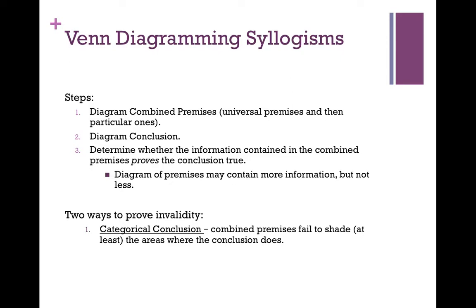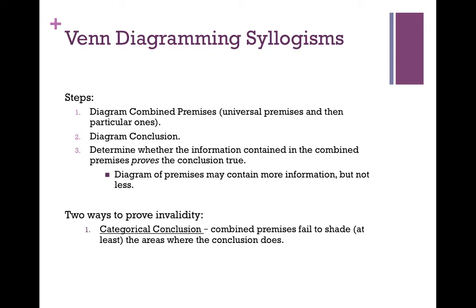That's why I said up here that the premises may contain more information but not less. Let's say we diagram the universal conclusion and shade in regions 2 and 3. Well then the combined premises also have to shade in regions 2 and 3. They could shade in 2, 3, 4, and 5, but they have to shade in at least 2 and 3.